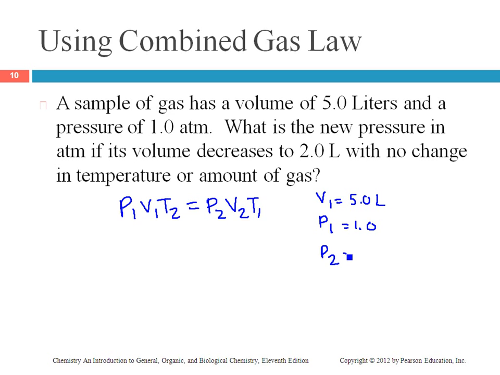So we want to find P2. So this is a big part of these calculations, is knowing what you're looking for. And if the volume decreases to 2 liters, and there's no change in T2 or T1, or in the amount of gas, so that would be N.